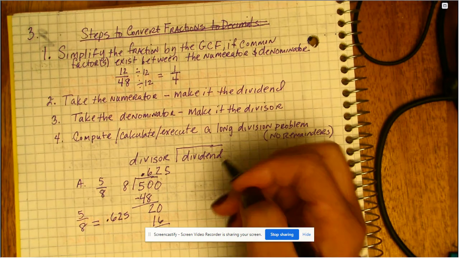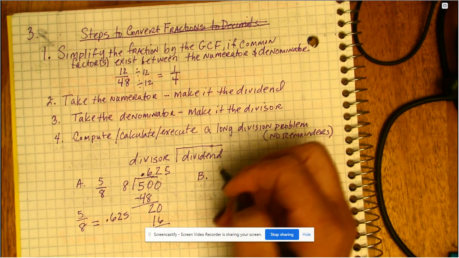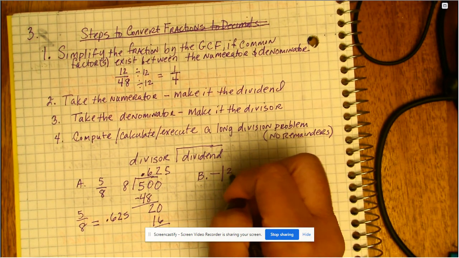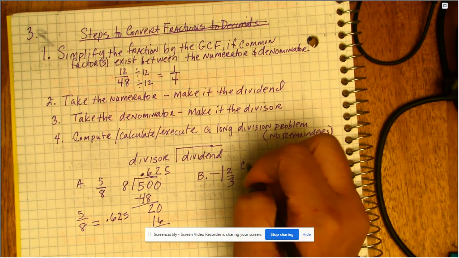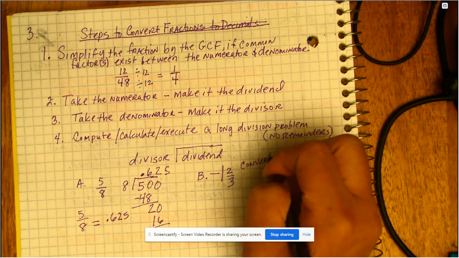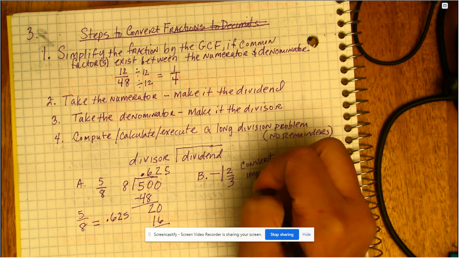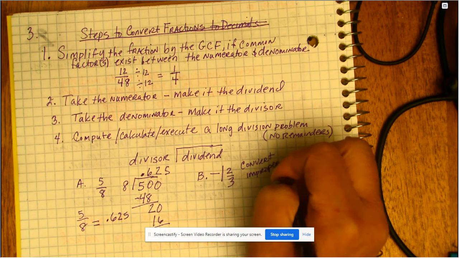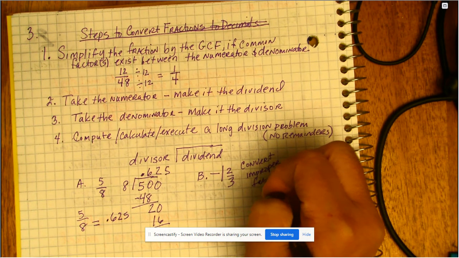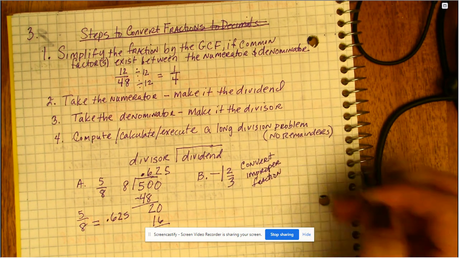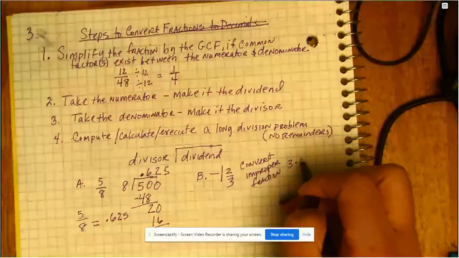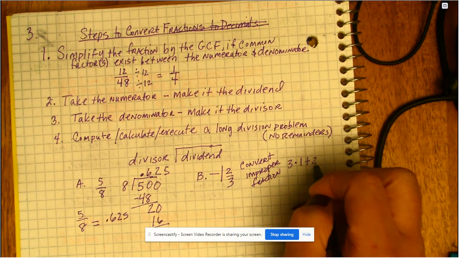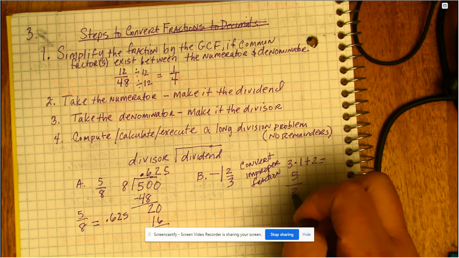Second example is, what if we were given -1 2/3? Well, first thing we're going to have to do is convert to an improper fraction. So when I do that, I do 3 times 1 plus 2, and I get 5 over 3.